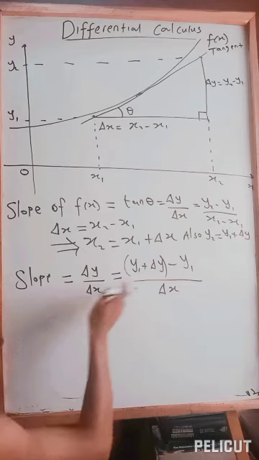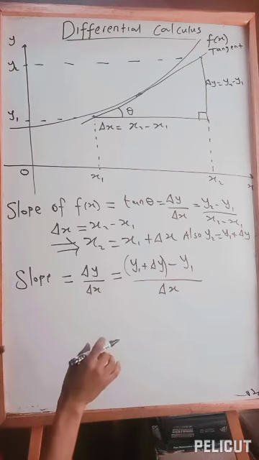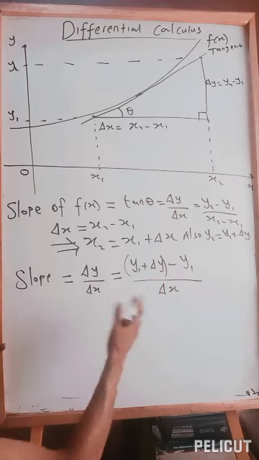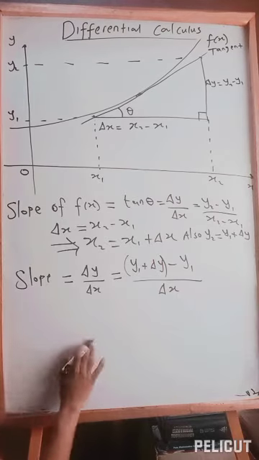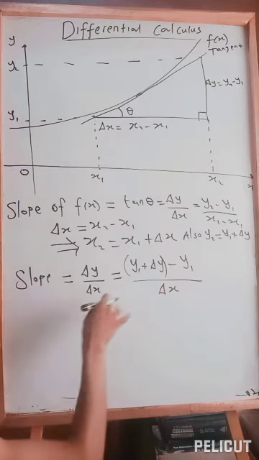So we can say that if we take the limit of these two, I'll assume you know what a limit is. If you don't, I need to record another video on limits.